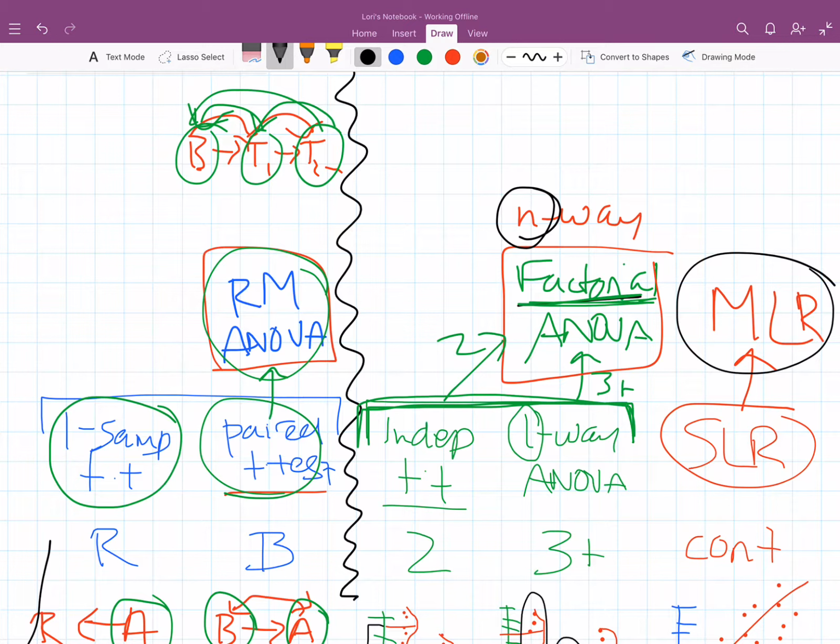And so, technically, I could run a one-way ANOVA as if it's a multiple linear regression. I could run a Factorial ANOVA as if it's a multiple linear regression. I could run an independent t-test or a paired t-test. It's just how do I package those variables and plug them into that multiple linear regression equation? If you knew exactly how to put those in, then you can run them all the same.